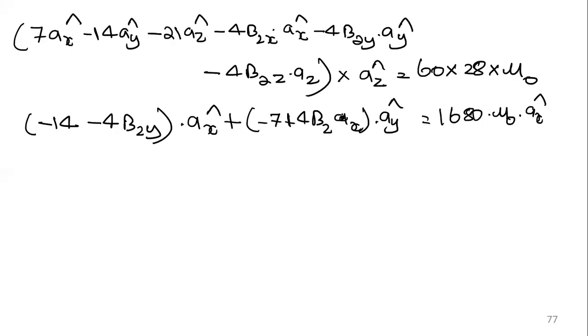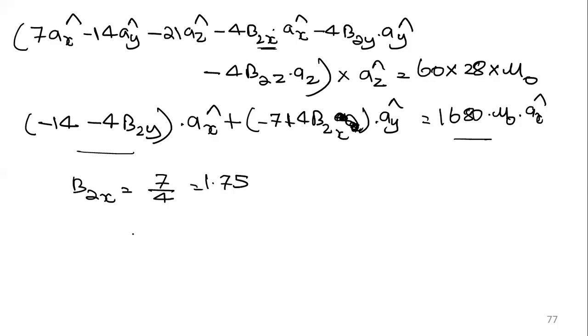Okay, so this is 4B2X actually. Then you equate this with this value. The X components normally equate here. You will get B2X is equal to 7 by 4, which is equal to 1.75.